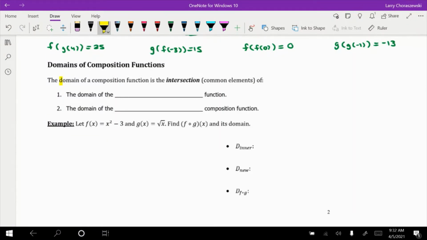Anytime we're trying to find the domain of a composition function, we have to form an intersection. And by intersection, I mean, what are the common elements or common numbers between both domains? And the two domains that we are going to try to intersect are the domain of what I like to call the inner function.